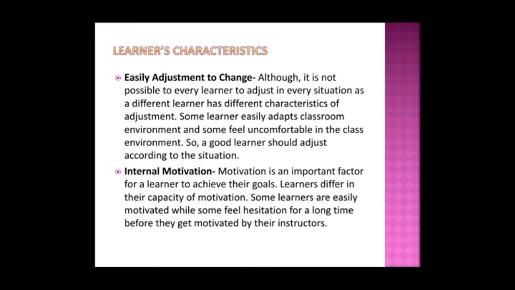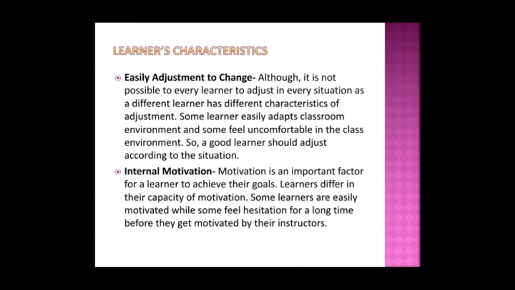Although it is not possible for every learner to adjust to every situation, as different learners have different characteristics of adjustment. Some learners easily adapt to the classroom environment and some feel uncomfortable in the class environment. So a good learner should adjust according to the situation. Okay, and internal motivation.